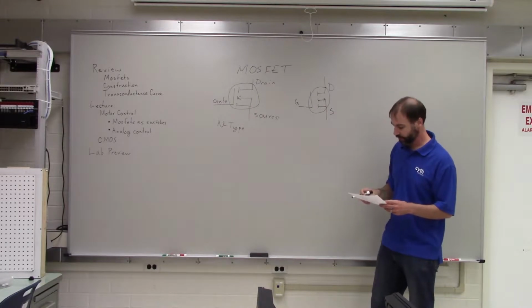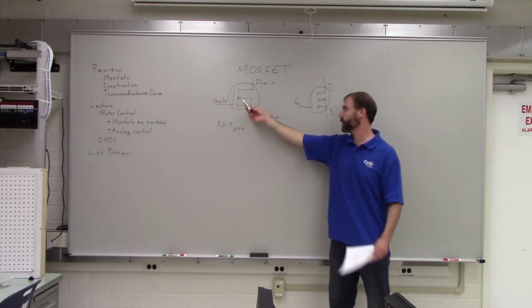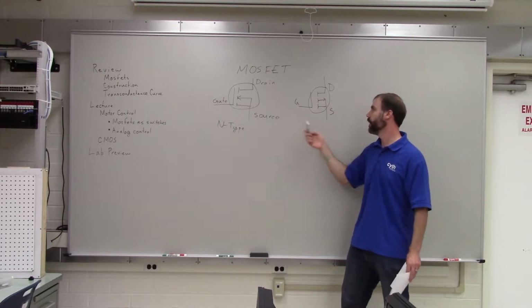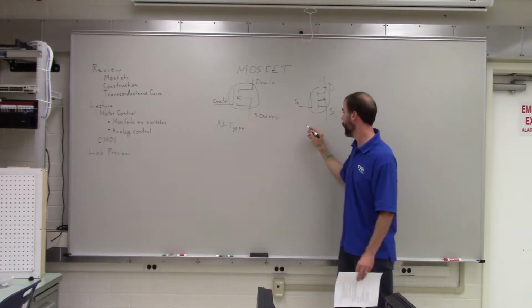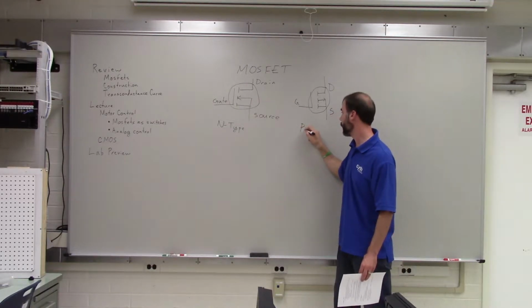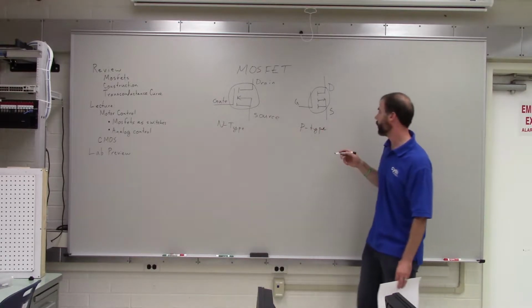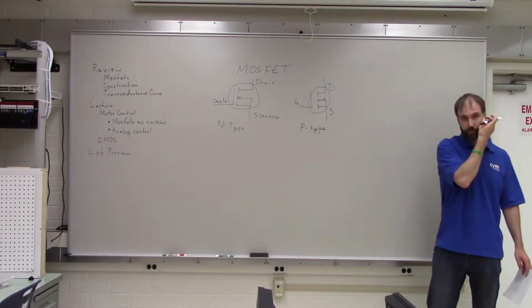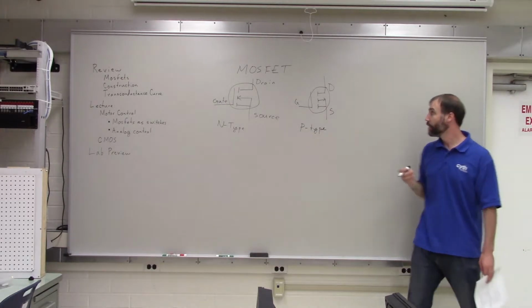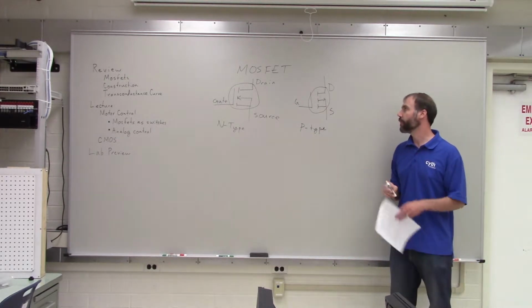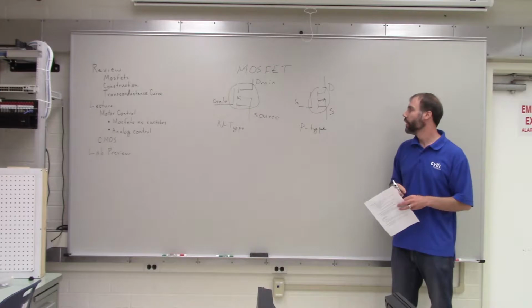And the arrow is pointing outwards. So the arrow is always on the source. With the N-type, the arrow is pointing inwards. With the P-type, the arrow is pointing outwards. Okay? So those were the symbols for MOSFETs.